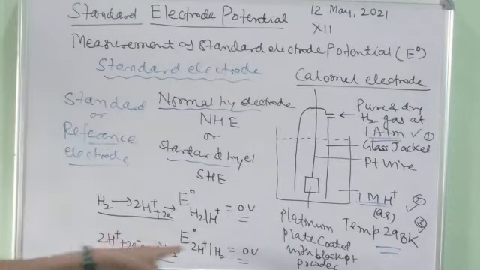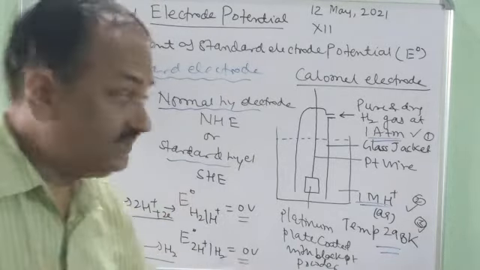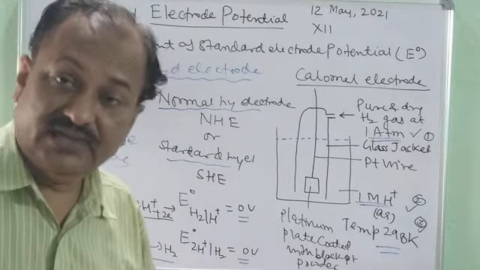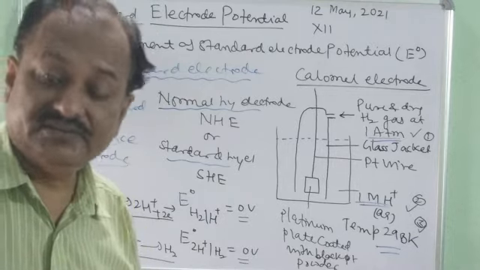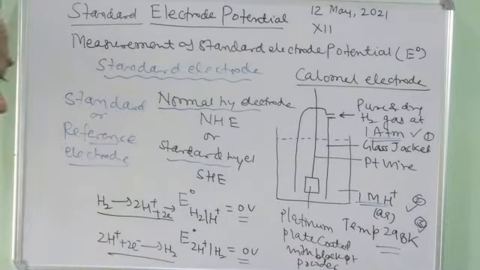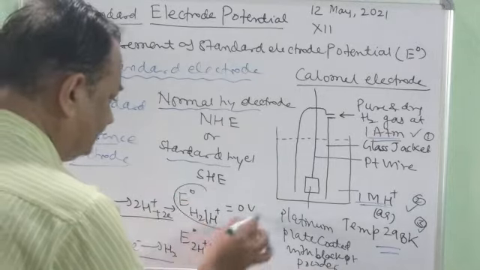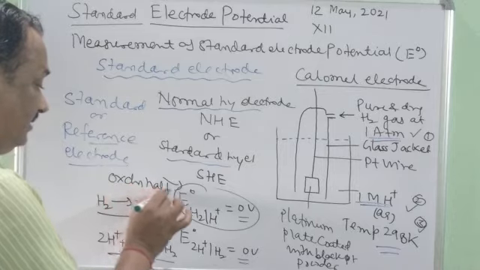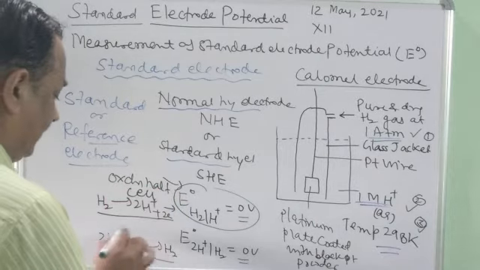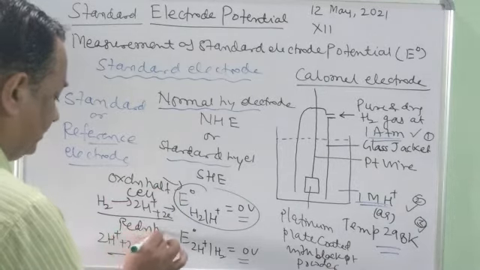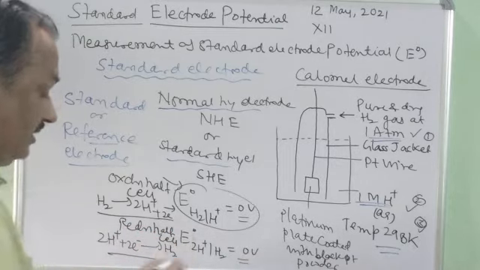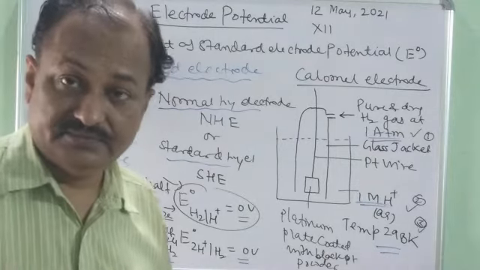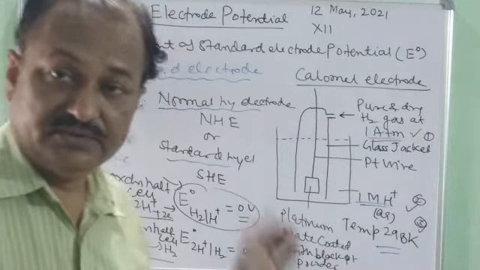The point is that this SHE or reference electrode can act as an oxidation half cell or as a reduction half cell. Here it will act as an oxidation half cell, and here as a reduction half cell. NHE or SHE can go either way, and thus it is called a reference electrode.